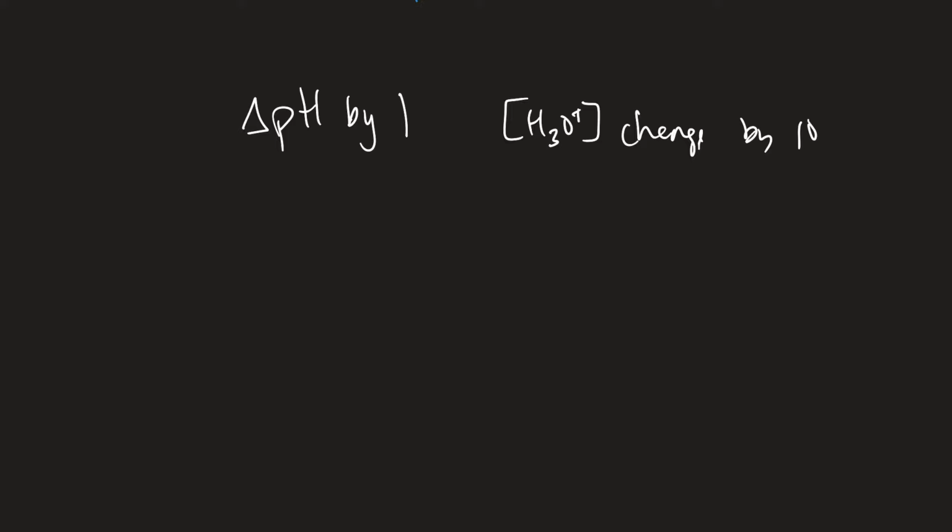If you were to change the pH by 1, by the definition of pH being a logarithm of base 10, this means that the concentration of hydronium must change by 10-fold. So what do I mean by that?